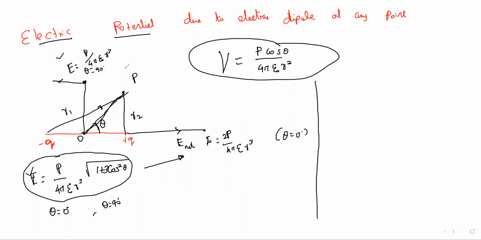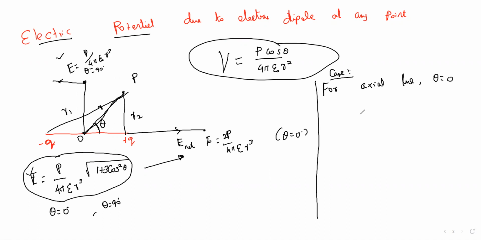Now, electric potential due to electric dipole, for example, for the axial line. Let it be case 1. For the axial line, theta will be 0 degree.